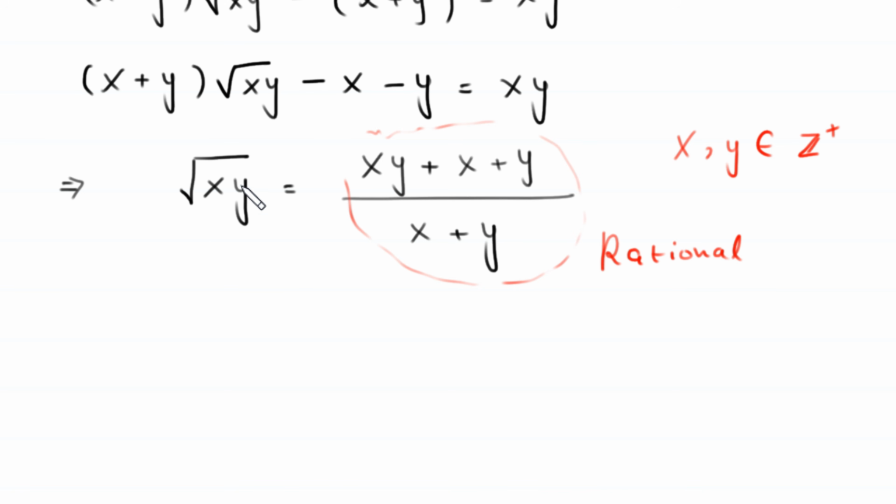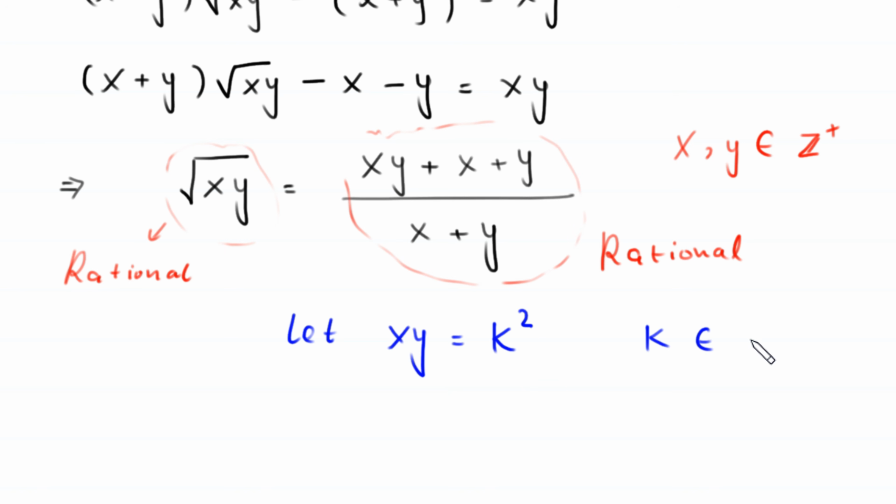So this left hand side, root xy, also must be a rational number, and root xy can only be a rational number if xy is a perfect square. So we suppose that x times y equals k squared, where k is a positive integer.